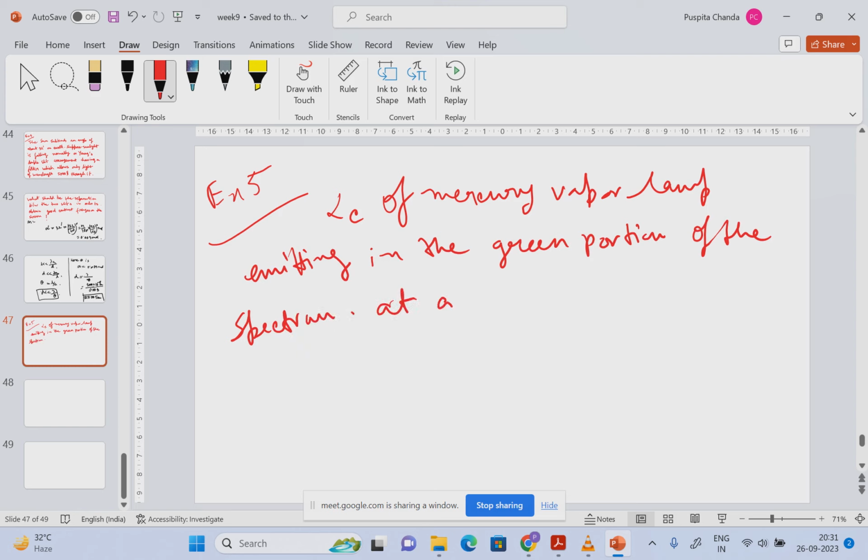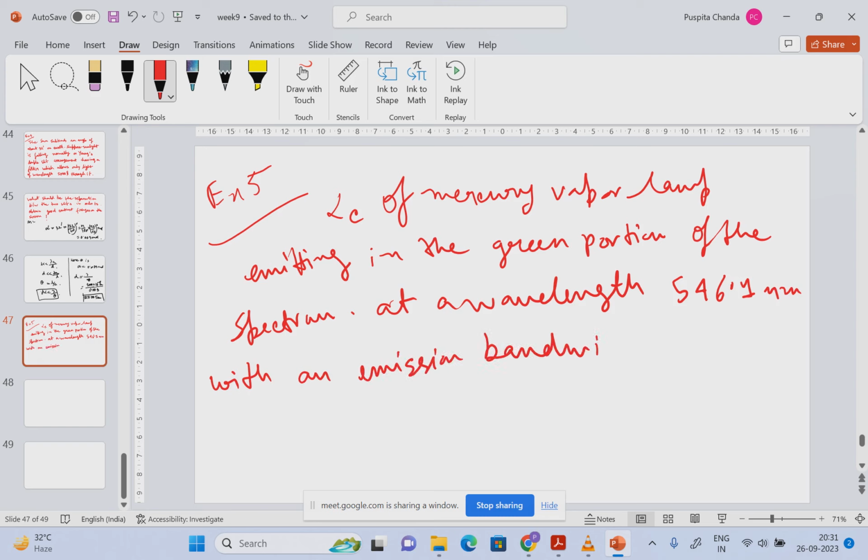The wavelength is 546.1 nanometers with an emission bandwidth of delta mu 6 into 10 to the power 8 hertz.